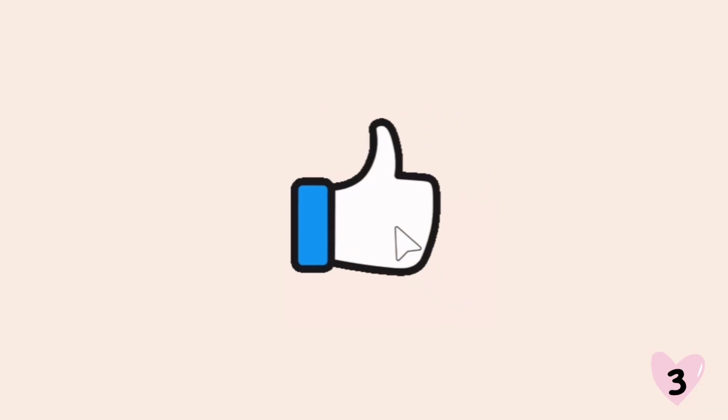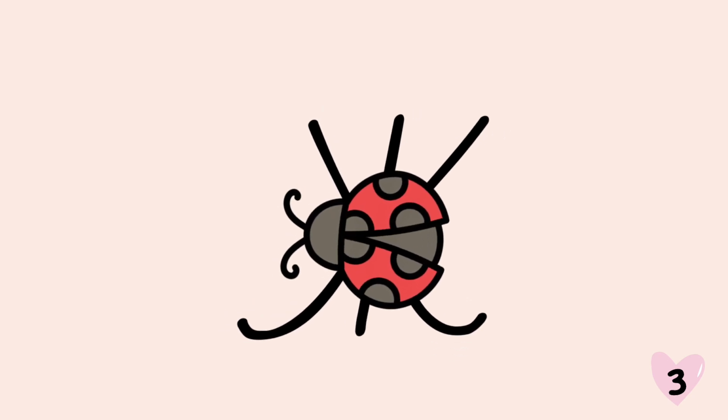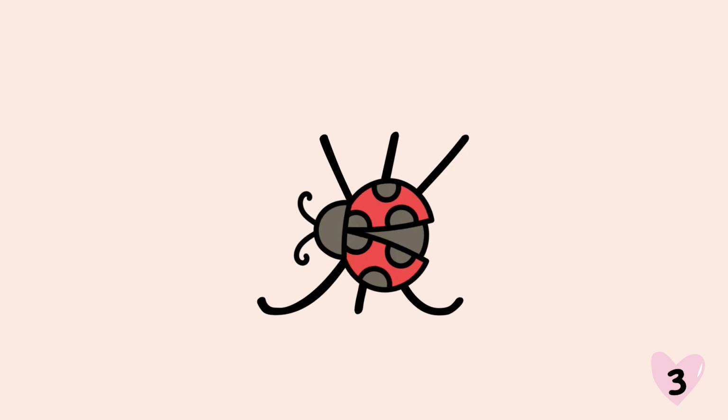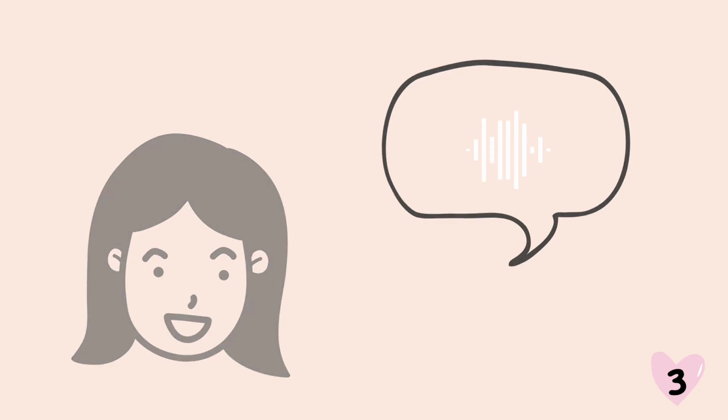Good. And now it's time for a new letter and a new word. This Russian letter looks like a bug, and it even sounds like a bug. Like this. Try saying it with me.